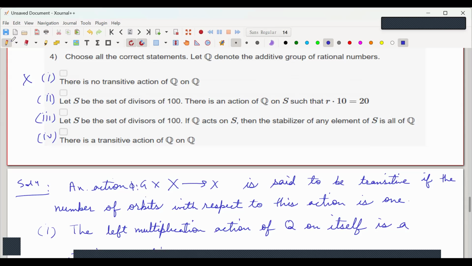Second one, let S be the set of divisors of 100. There is an action of Q on S such that 10 maps to 20. Is it true or false? First of all, we need to see that.